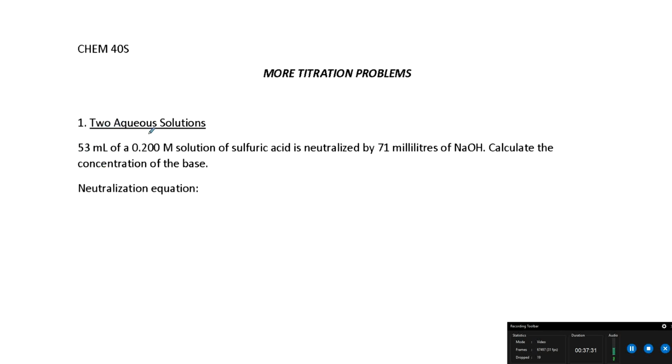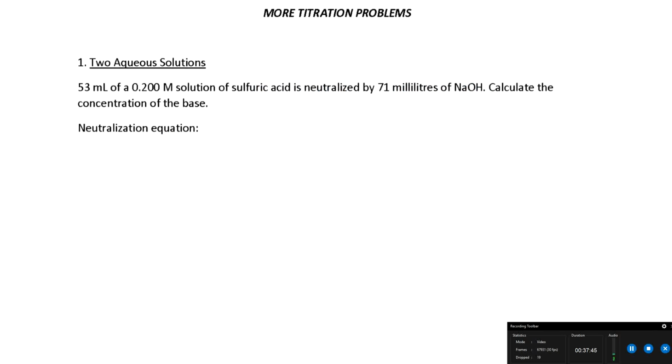So here is an example where we have 2 aqueous solutions of acid and base. So 53 milliliters of a 0.2 mole per liter solution of sulfuric acid is neutralized by 71 milliliters of sodium hydroxide. Calculate the concentration of the base. So write out your equation. Sulfuric acid is H2SO4, and sodium hydroxide.